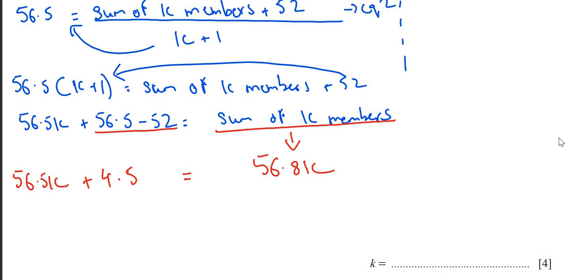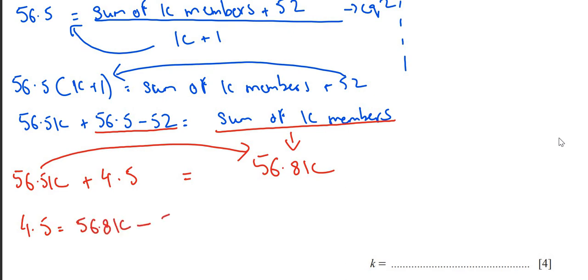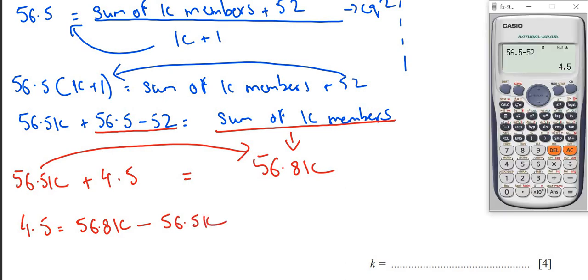is equals to 56.8k. So now I will shift 56.5k over there. So 4.5 is equals to 56.8k minus 56.5k. Let's subtract both of them. 56.8 minus 56.5, we get 0.3.